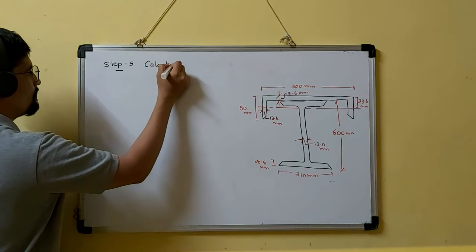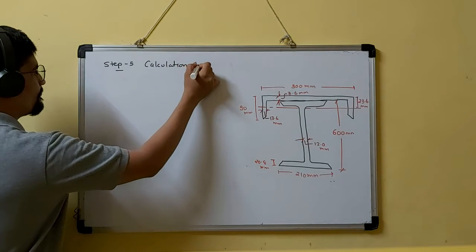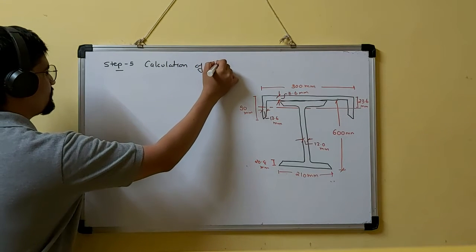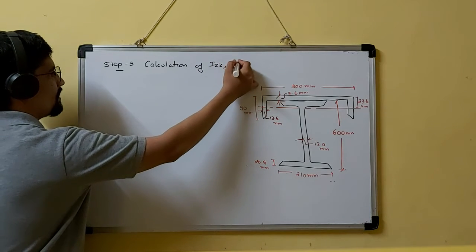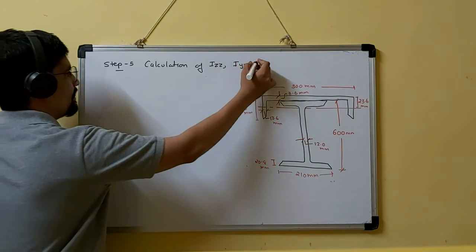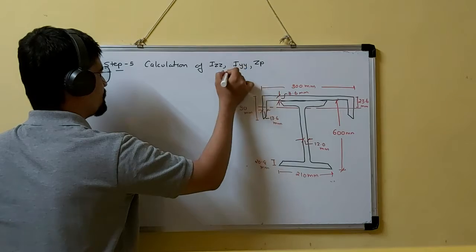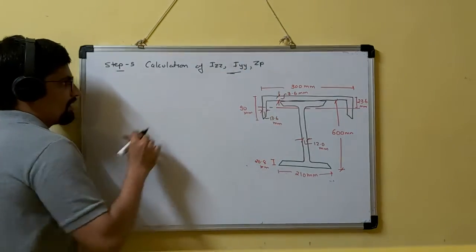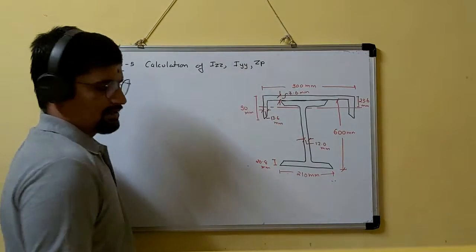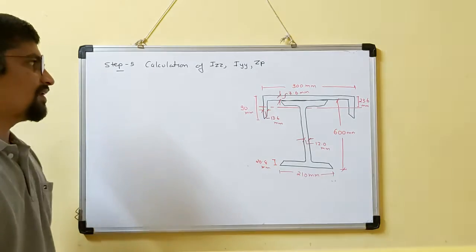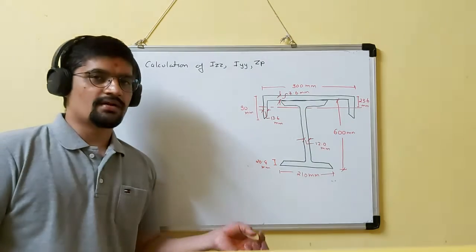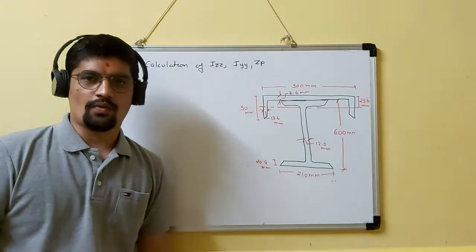IZZ, IYY, and ZP. Now we know that we have to fix our gantry girder on the basis of the ZP provided.